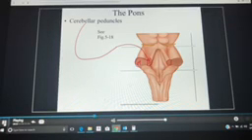Obviously, you can tell that the superior cerebellar peduncles connect the cerebellum to the midbrain.